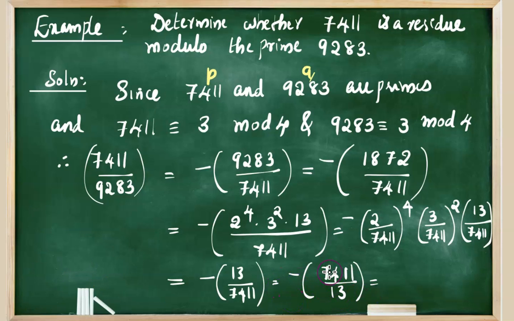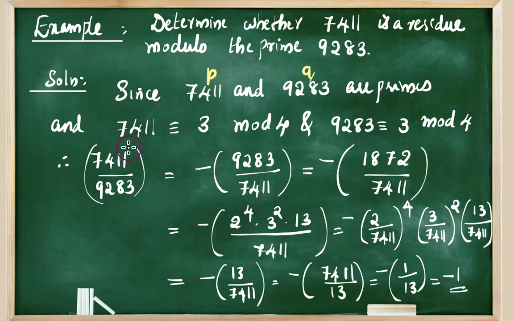Now we can reduce 7411 modulo 13. Then we will be getting remainder 1. So we can express it as minus Legendre symbol 1 by 13, and that is equal to minus, since Legendre symbol 1 by 13 is 1 itself. So we have minus 1 as the residue of 7411 modulo 9283.